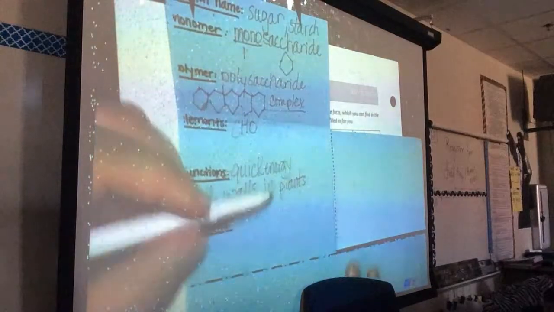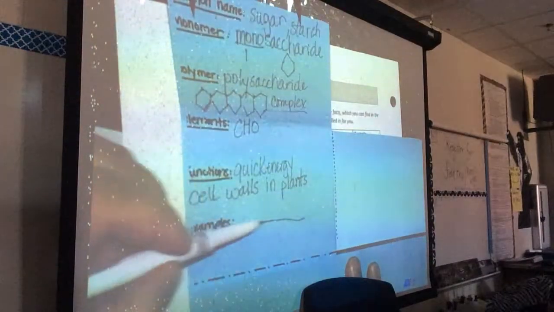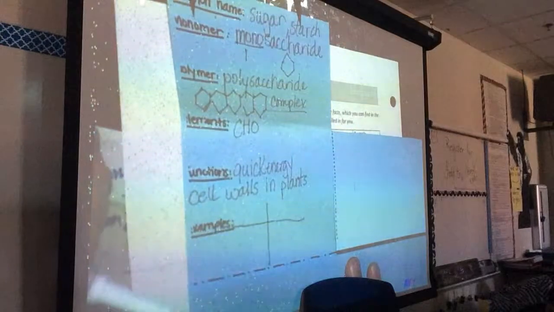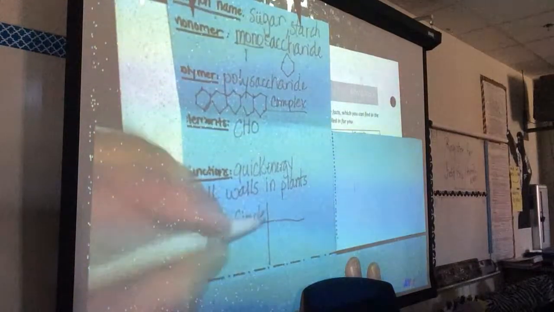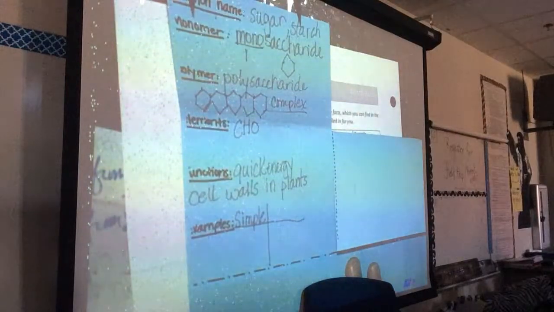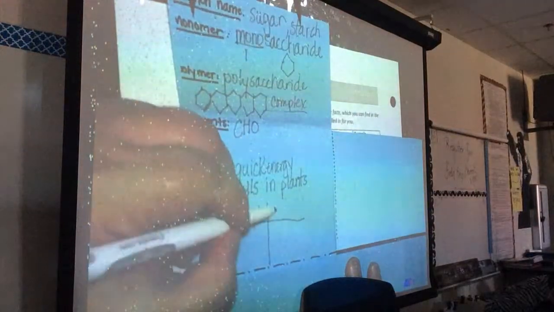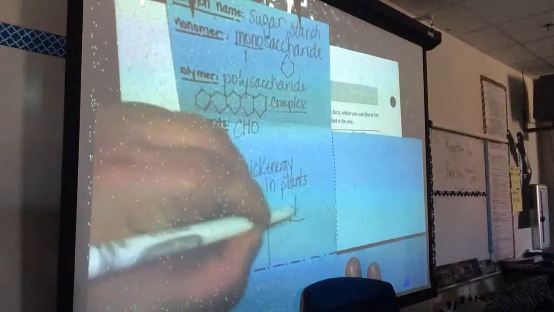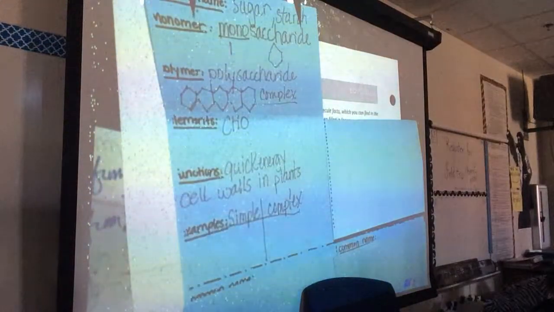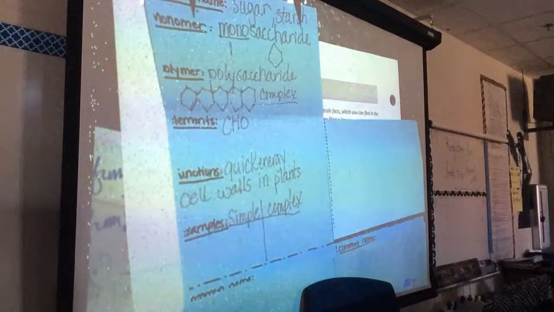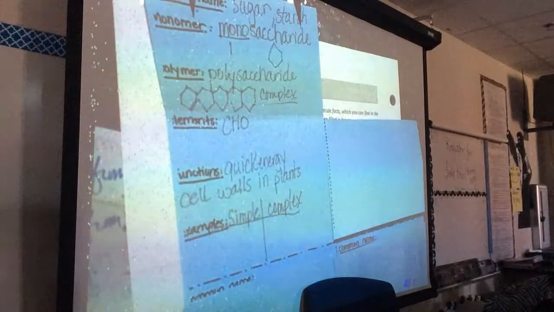And now for examples, I'm going to draw a T-chart. Over here are going to be simple. So those would be my monomers, right? And over here we're going to be complex. What are those going to be? If simple's monomers, what are complex? Starts with a P. Saccharides.